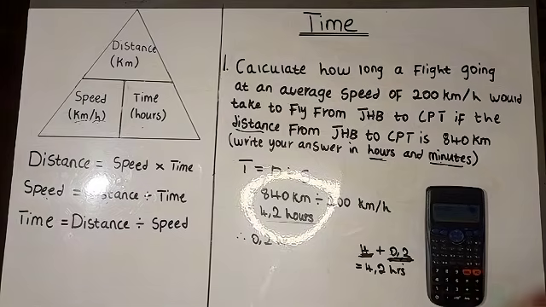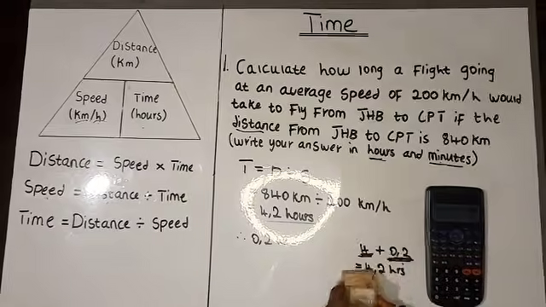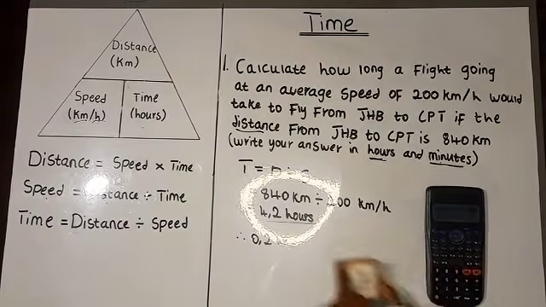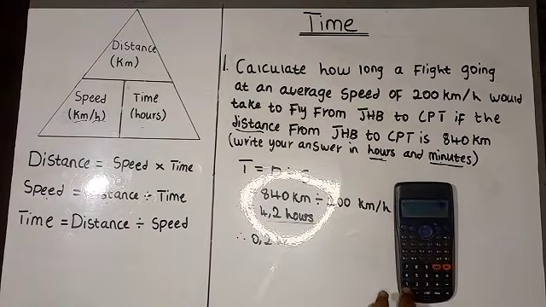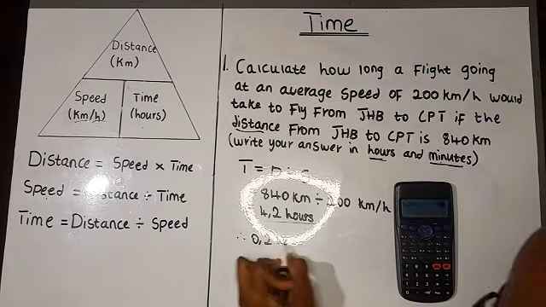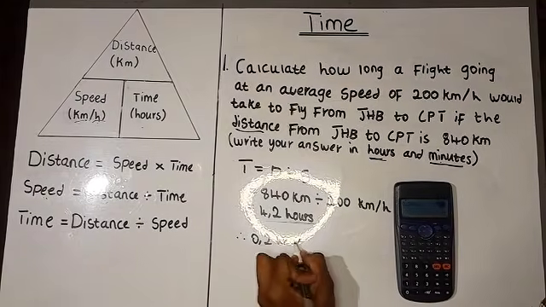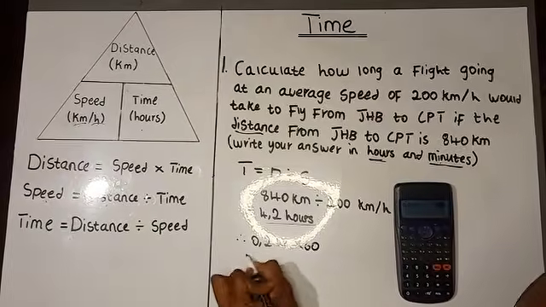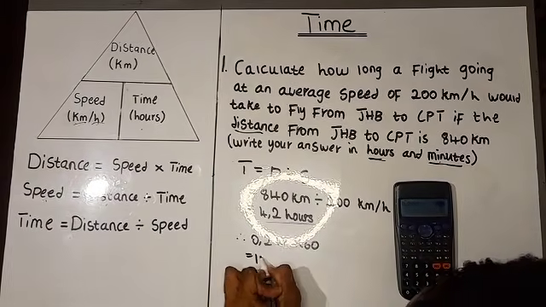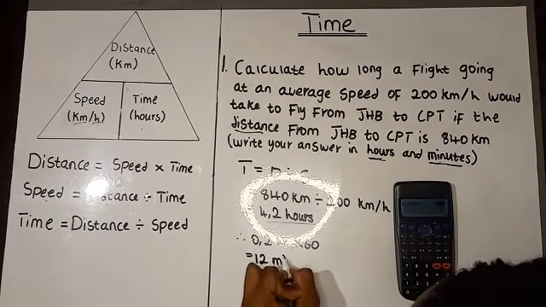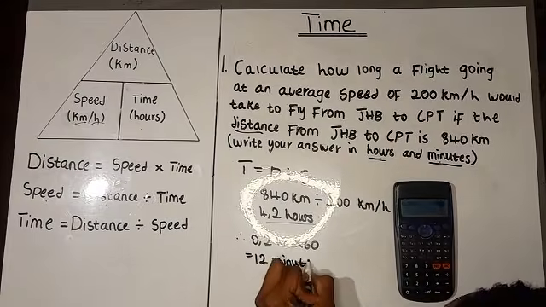So we're going to convert 0.2 hours into minutes. Remember, when we're converting from hours to minutes, we multiply by 60. So 0.2 multiplied by 60 gives us 12 minutes.